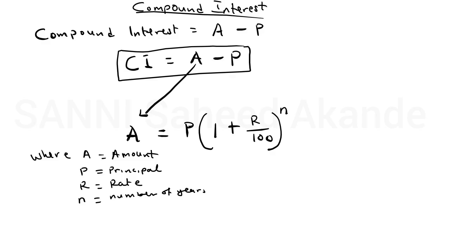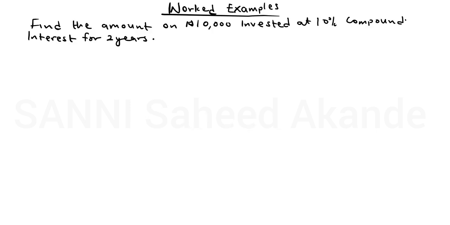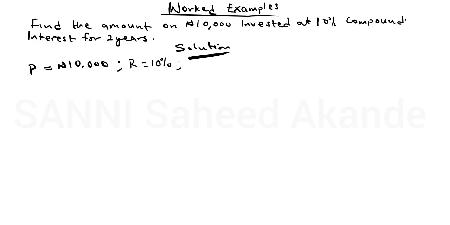Now let's continue to look at some examples. The first question says, find the amount on 10,000 naira invested at 10% compound interest for 2 years. Solution. In this question, our P, the principal, is given as 10,000 naira, the rate R is equal to 10%, and N is 2 years, the number of years.